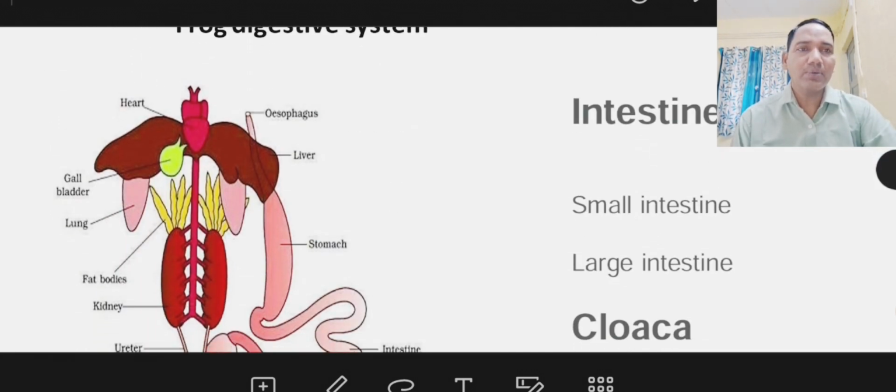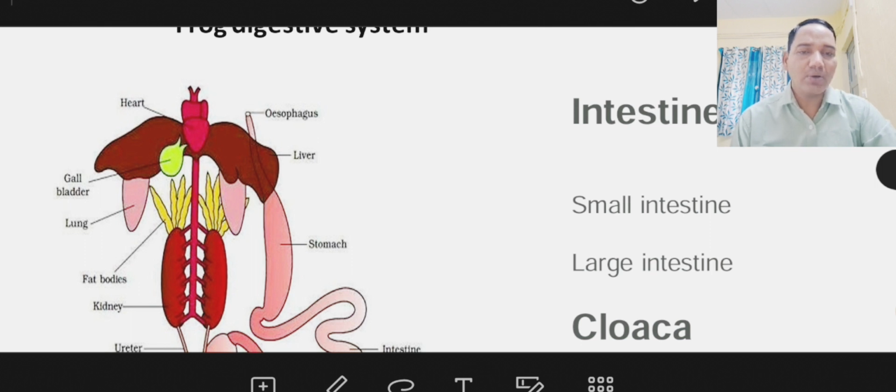Now we have to learn about the intestine. So the intestine is divided into two parts: small intestine and large intestine. The anterior part of the small intestine curves upward forming a U with the stomach, that is the duodenum. The other part of it continues as the ileum.